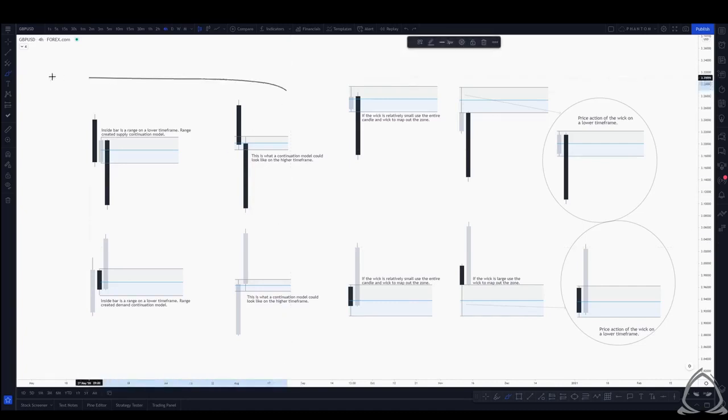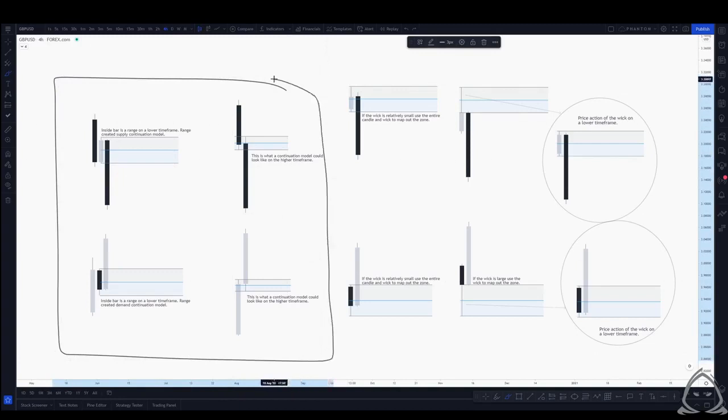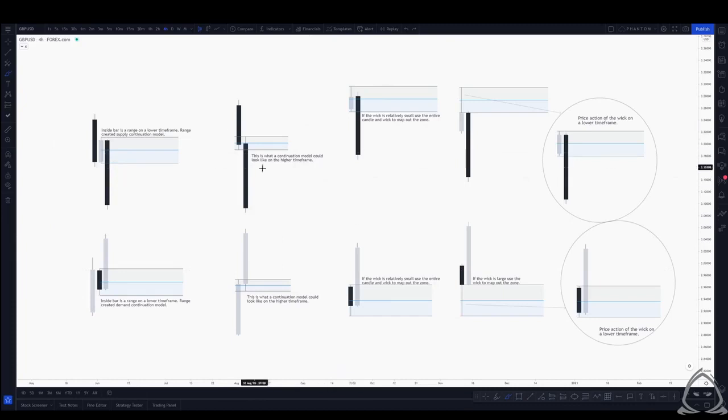So again, what this allows us to do conceptually is use lower time frame refinements without actually going on to the lower time frames, whether it be utilizing the inside bar technique and understanding that that is a range on a lower time frame, or also just looking at the way candles interact and seeing a very quick pivot in the market. We can use that and understand that that is also a continuation pattern that is happening within the market that is either creating supply or demand zones.